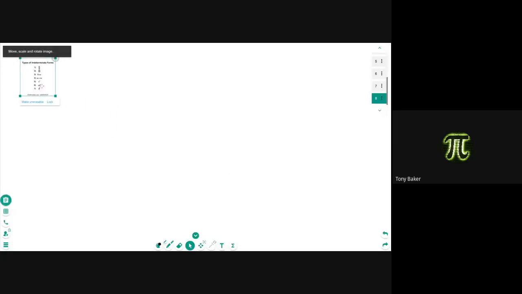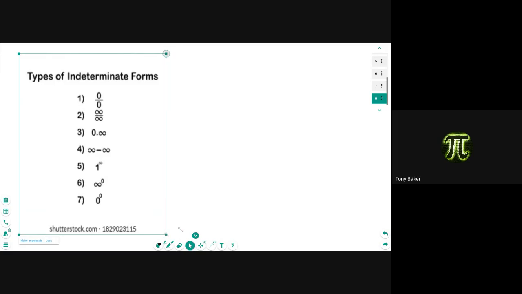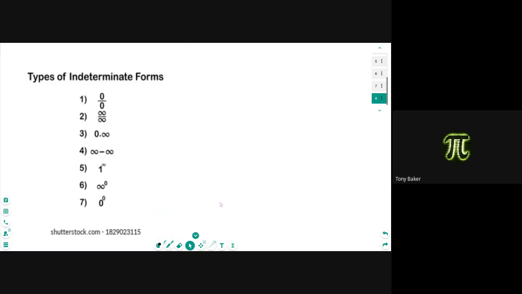All right, we have other indeterminate forms. These are all the different types of indeterminate forms. 0 over 0 and infinity over infinity, we've already talked about. If you think about it, 0 times infinity, you would think, okay, that equals 0.